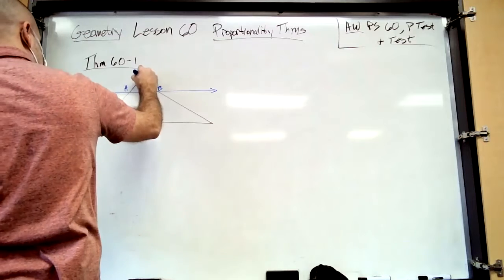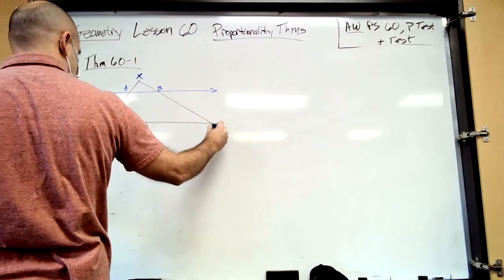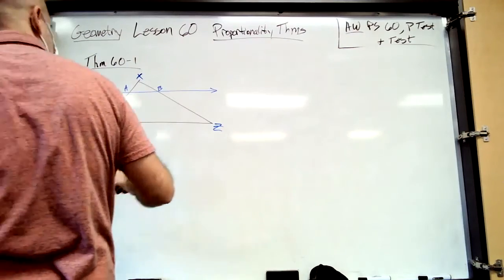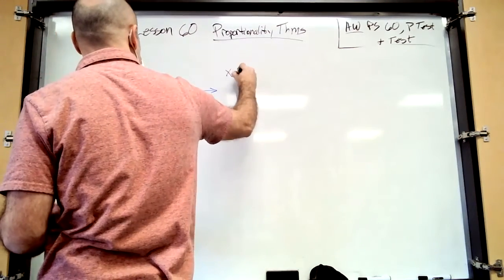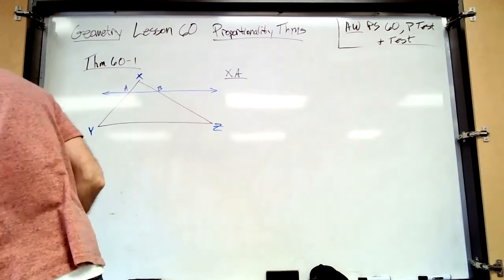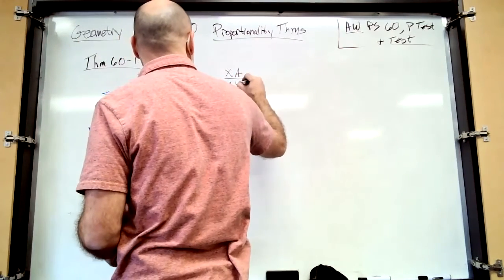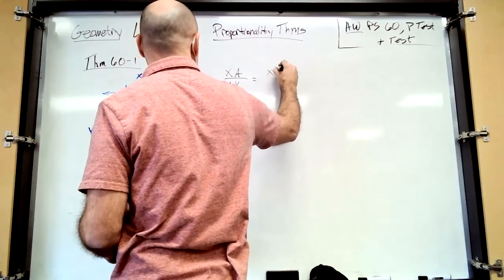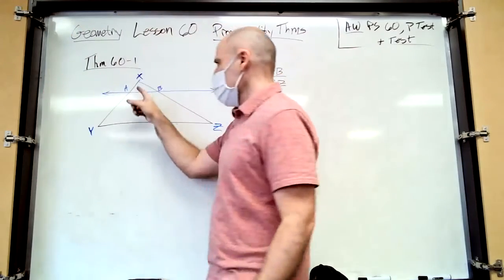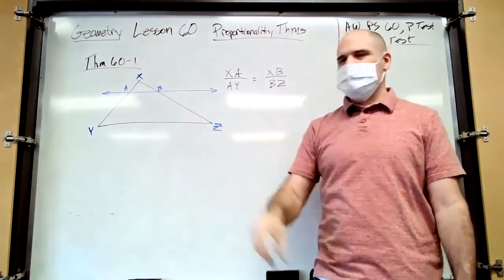And here's the triangle XYZ. So basically, XA is to AY as XB is to BZ. So this side is to this side, as this side is to this side.